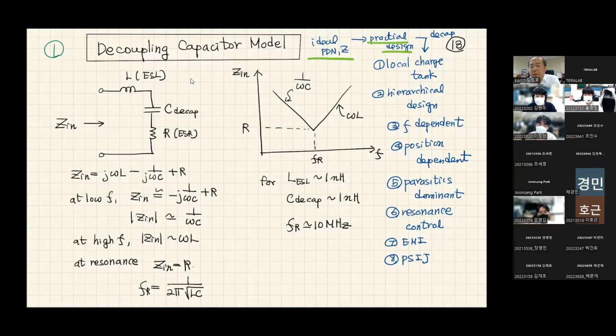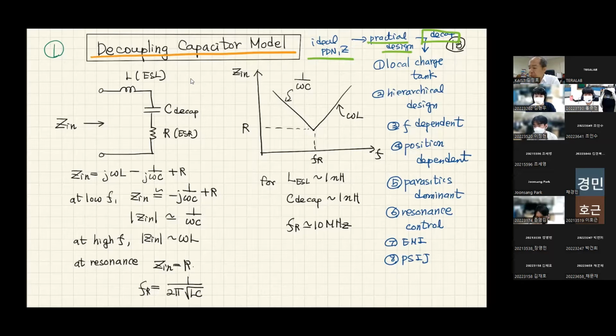One possible solution for a low impedance power distribution network is to put decoupling capacitors. That is the main subject of class today. Today, I'm going to give you some overall strategy to design decoupling capacitors for practical power distribution network design.